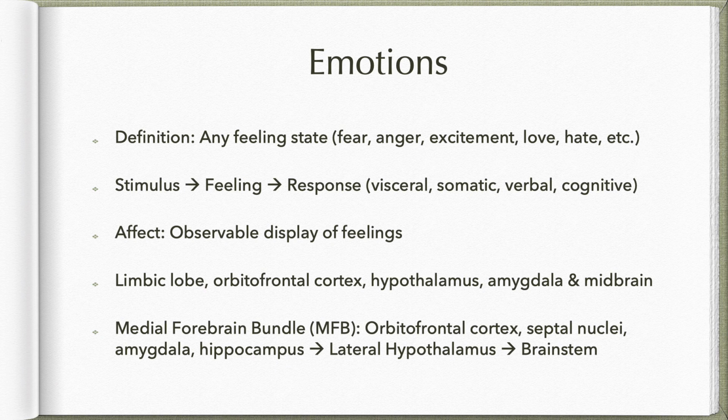You want to express your feelings by vocalizing them. Or there could be a cognitive response, wherein you shift the information to the orbitofrontal cortex, which will say, okay, no need to express, or only express it minimally. So there is a cortical control, that is a cognitive type of response. So any emotion begins from a stimulus, you go through the state of feeling it, and then you decide what type of response will be there.